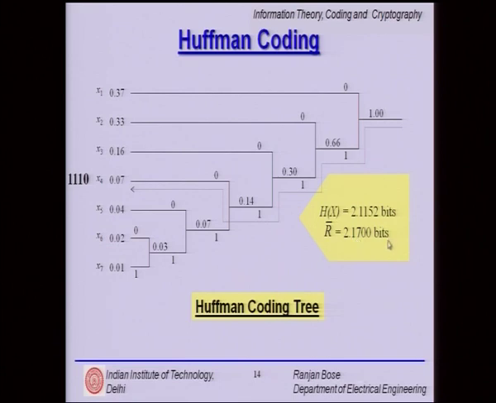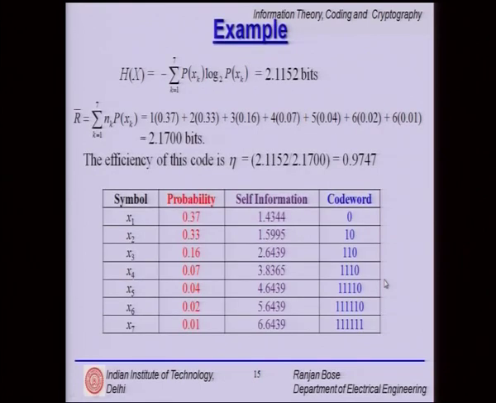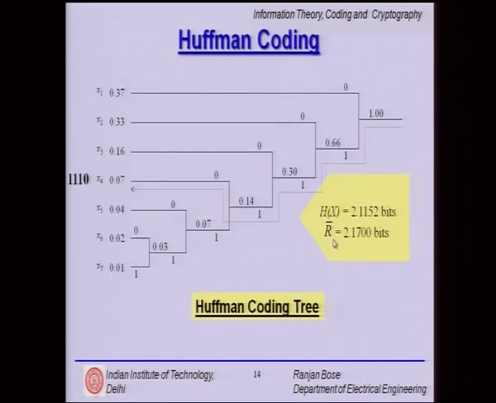It is not surprising to see that r bar is greater than H(X). H(X) is the holy grail, the best we can do, and I can take the ratio to give you the efficiency of the code. Here is a detailed calculation of how I obtained H(X) and r bar.